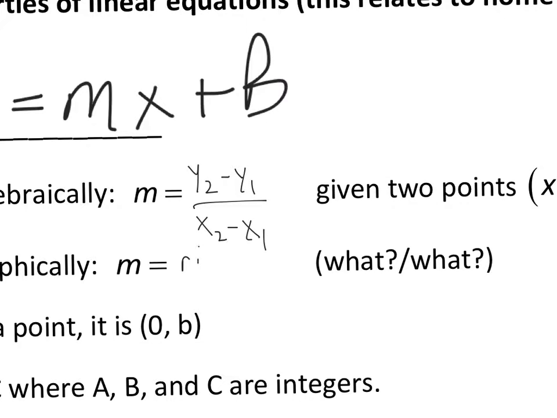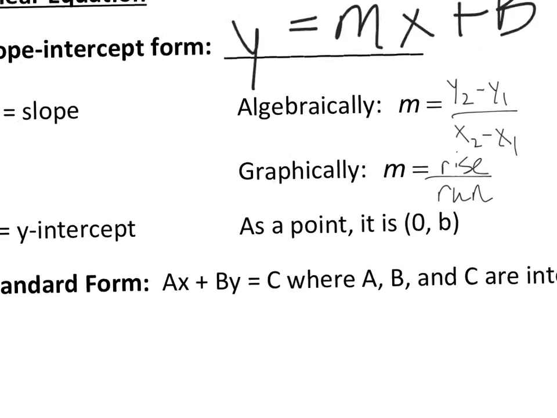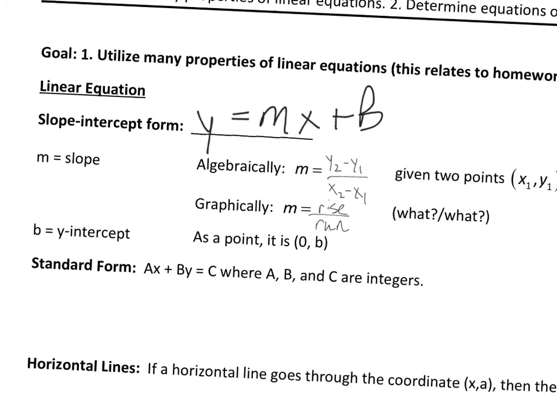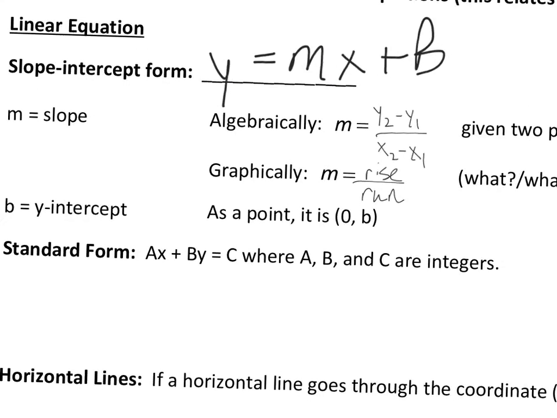Graphically, we think of it as our rise, which is the change in y, up or down, and run, left or right, the change in x's, and divide the 2. b is the y-intercept, where in 2x plus 4, the y-intercept is 4. As a point, it is 0, comma b.